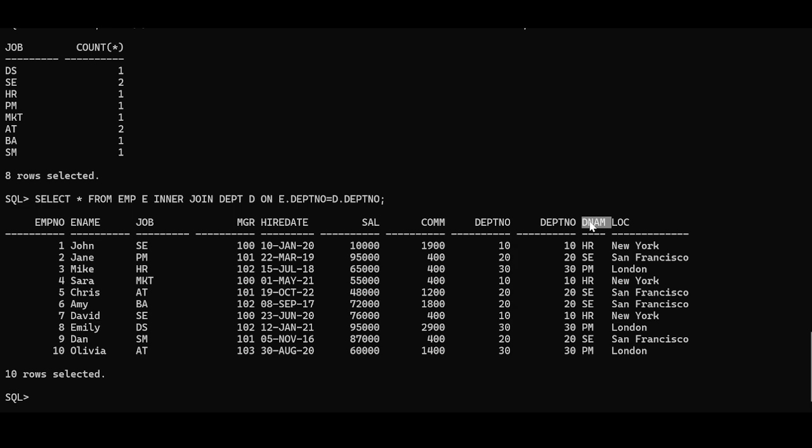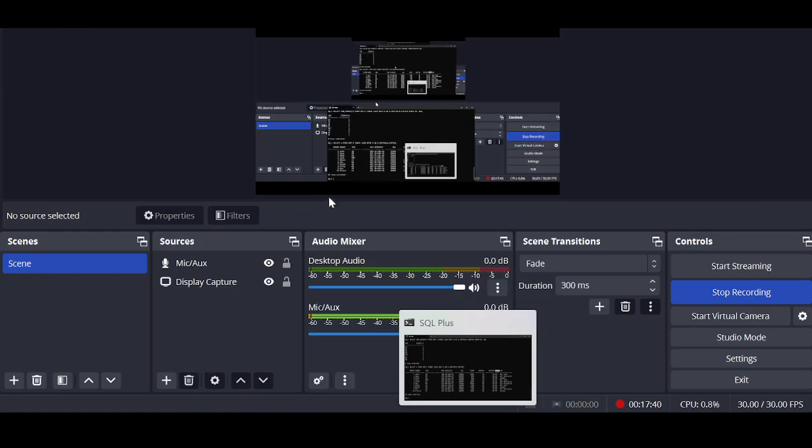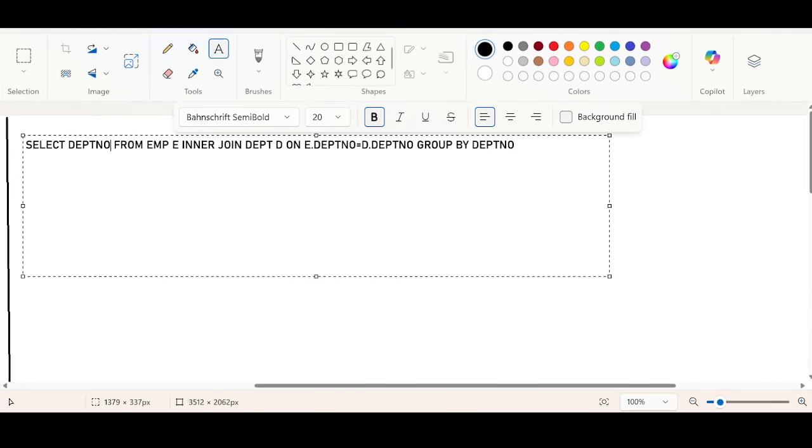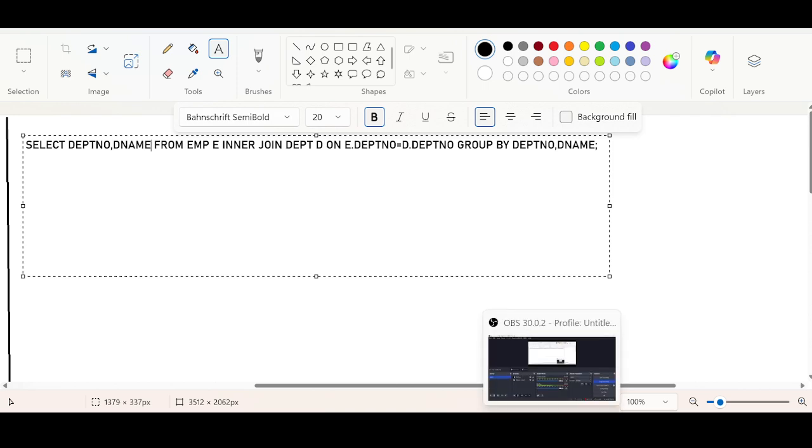So department number, comma, department name. I am also taking the same after the group by expression. Let us see what will happen if we execute this query.